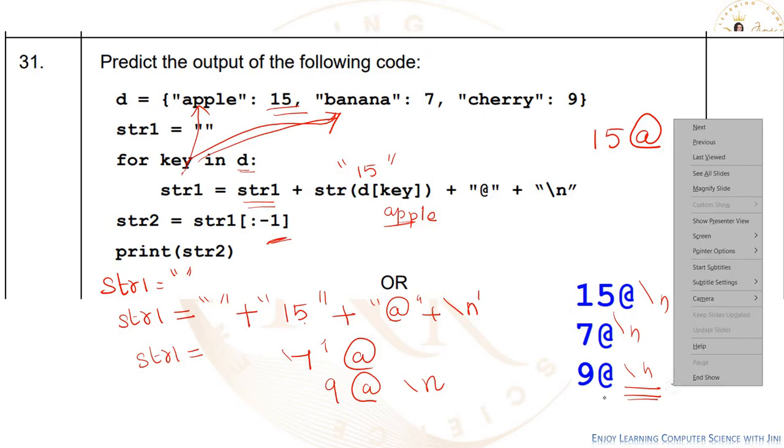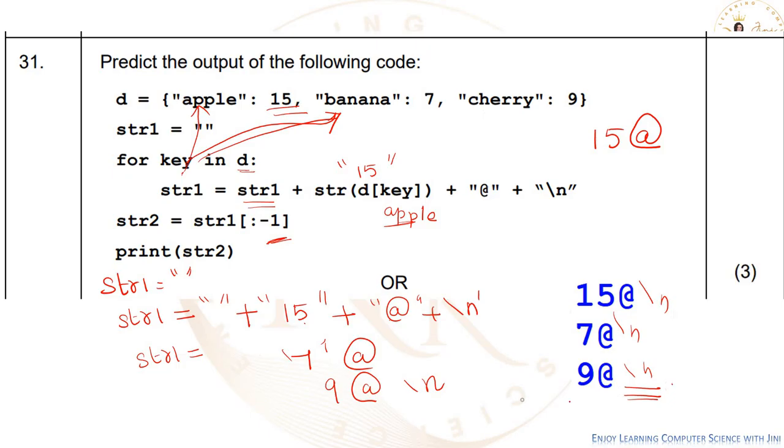That means starting is not given, ending is -1. So starting will be from the first one. What is the ending? \n, which will not be included. So your output will be 15 at 7 at 9 at.